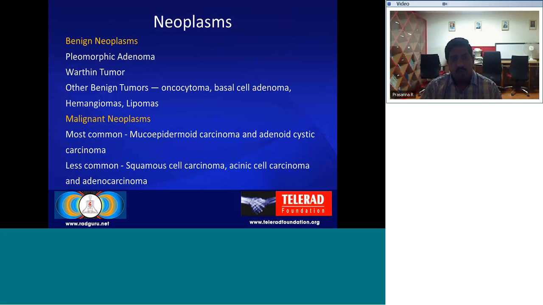So imaging-wise, by ultrasound, all that we need to say is whether the features are suggestive of benign lesions or malignant lesions. And if it appears to be malignant, of course, other modalities or invasive techniques need to be followed to differentiate the type of malignancy.